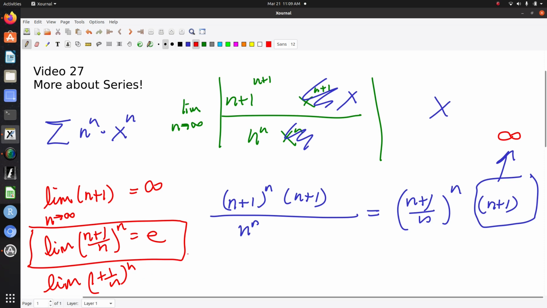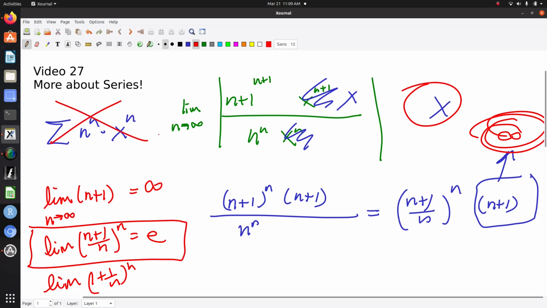But obviously it's not going to 0, so you probably suspect it converges to something other than 0. Even if you didn't know how to look that up, you'd have enough instinct to know this thing is going off. So you don't even have to worry about the x anymore, because this piece is already killing it. There's no way this is going to converge.